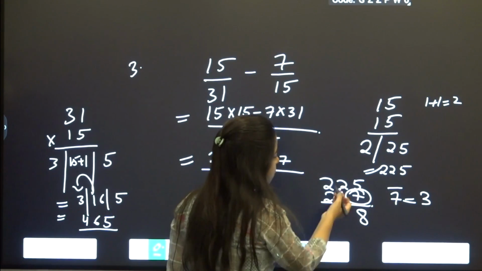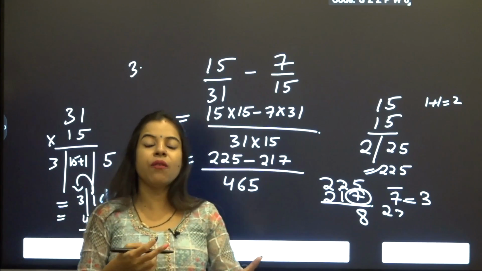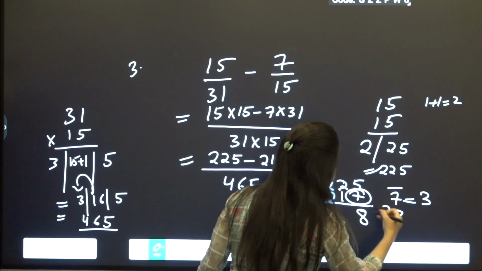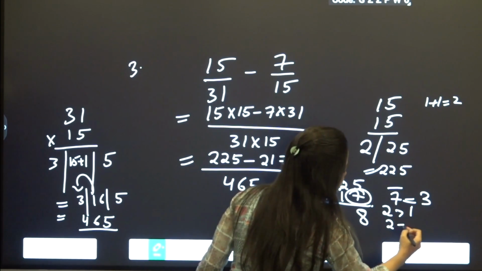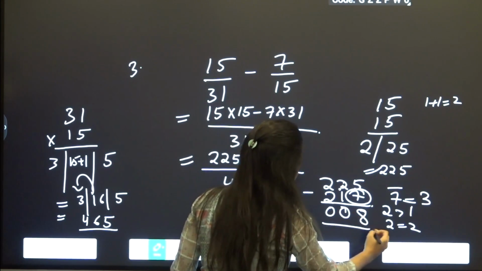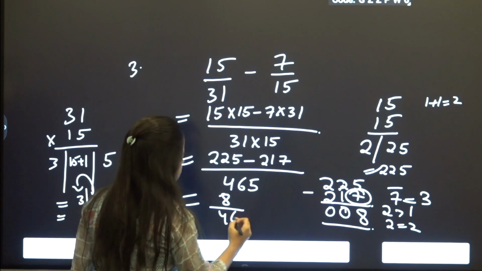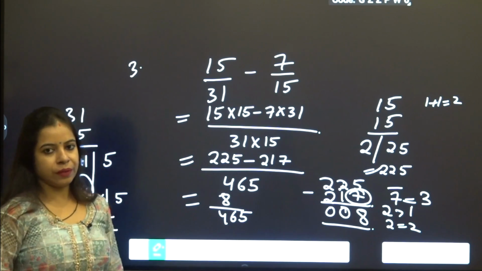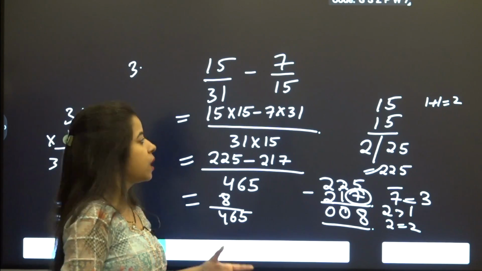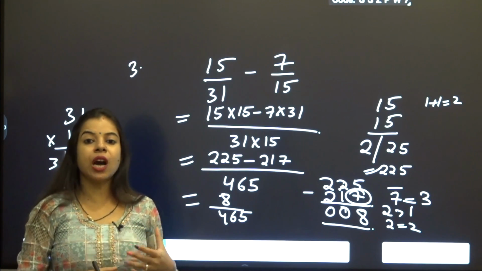Now 2 is greater than 1, dot is ek adhikena purvena of 1 is 2. So 2 is equal to 2. So this is 2 minus 2, this is 0. So the answer is 8 by 465. So in this manner we can perform the subtraction of unlike fractions with denominators which are co-prime.